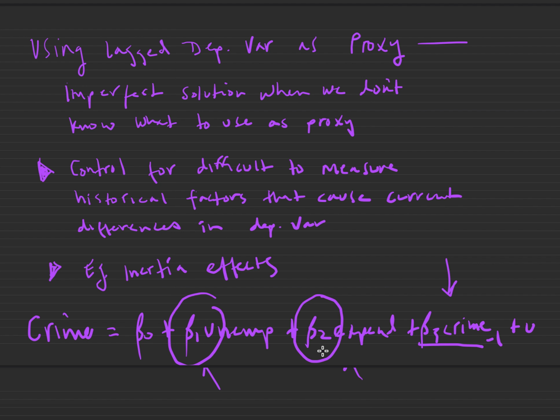If we didn't bring this stuff into the equation, we would get omitted variable bias. By using a lagged dependent variable, we bring that unobserved stuff into the equation, we control for it, and we mitigate that omitted variable bias problem a little bit better than we would if we just left it completely out of the equation.